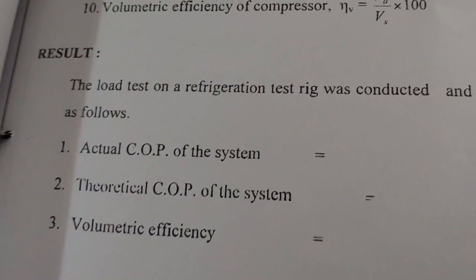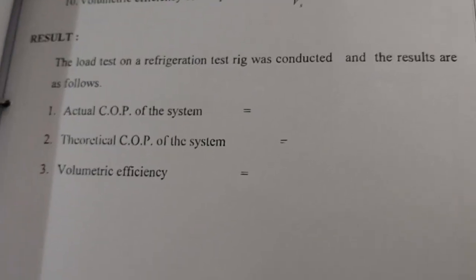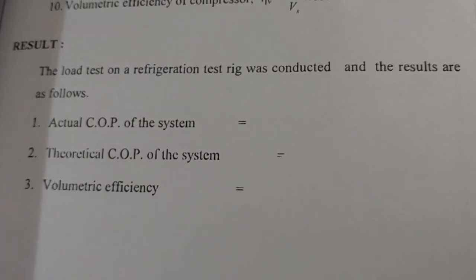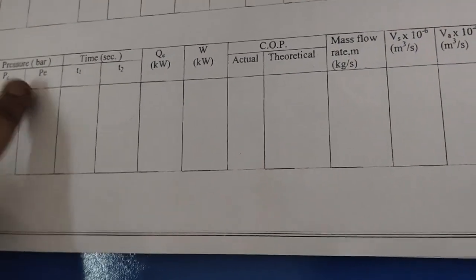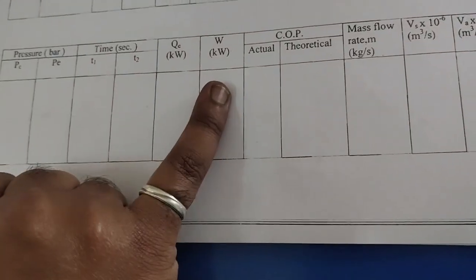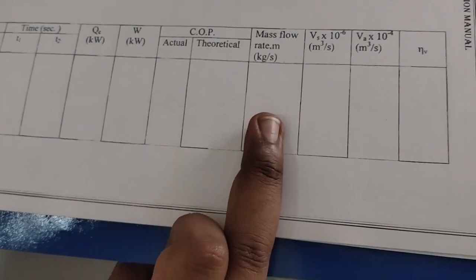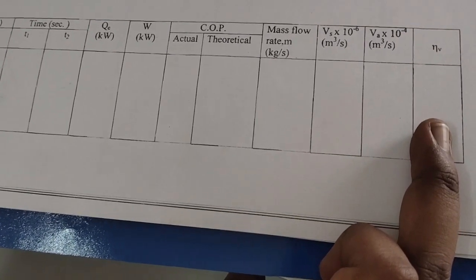After calculations, you can get the values of the actual COP of the system, the theoretical COP of the system, and the volumetric efficiency. You can also note the values in this tabular column: PC, PE, the times taken T1 and T2, QE, W, actual and theoretical COP, mass flow rate of the refrigerant, Vs and Va. So finally, you can get the value of the volumetric efficiency.